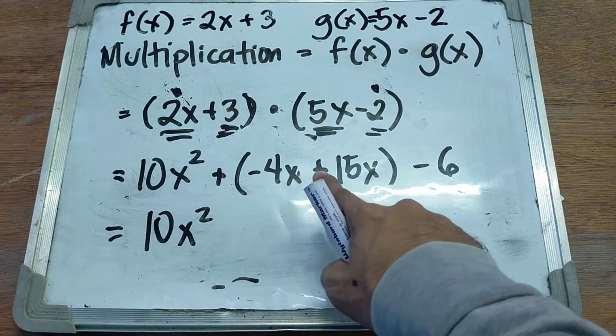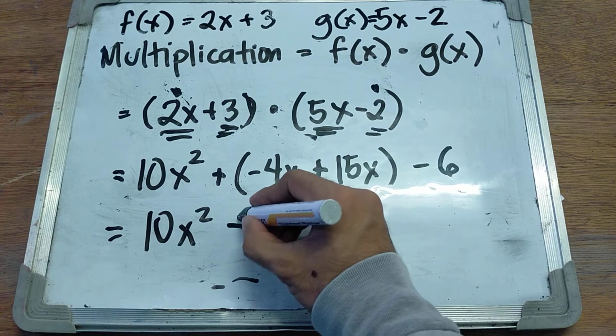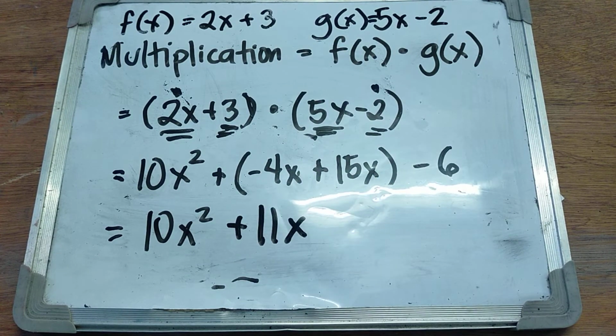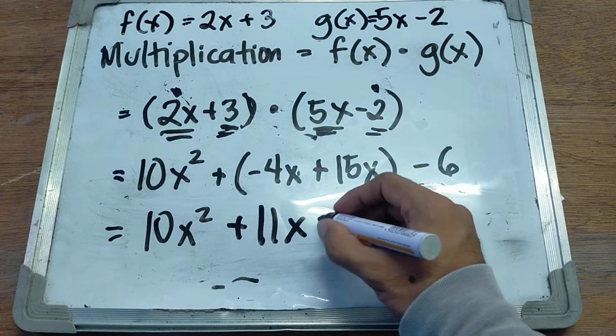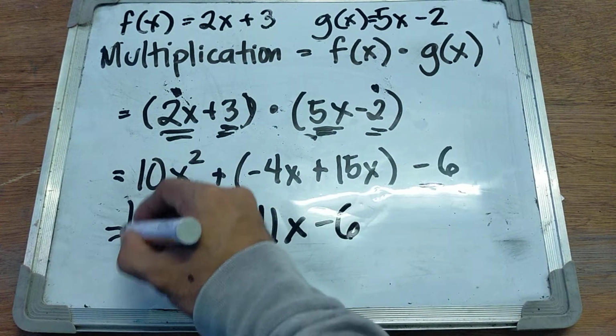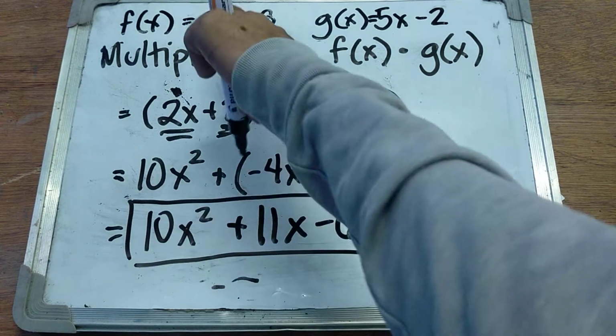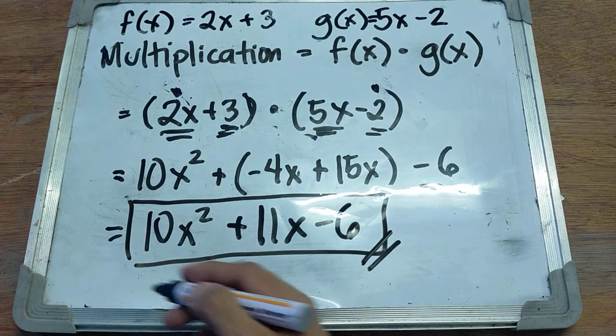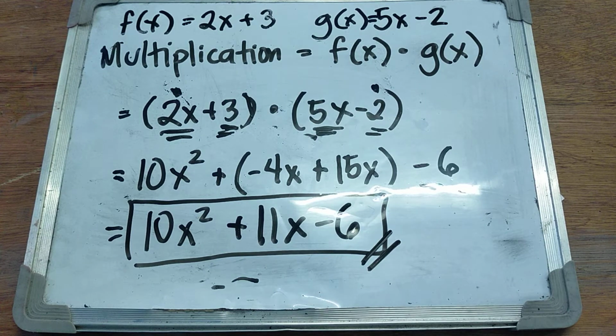So, negative 4 plus positive 15, it will give us positive 11x. And then, copy the last term, which is the negative 6. So therefore, if we multiply these two functions, the result will be 10x squared plus 11x minus 6.